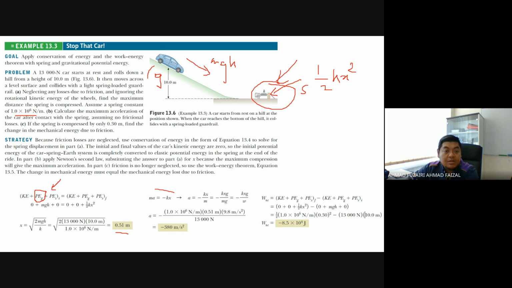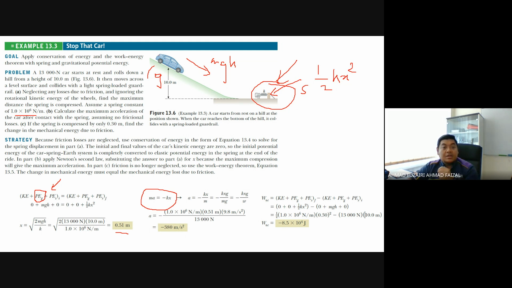So we can use this equation, ma equals negative kx, where a is negative 380 meters per second squared. Then lastly, Part C: if the spring is compressed by only 0.3 meters, find the change in the mechanical energy due to friction.